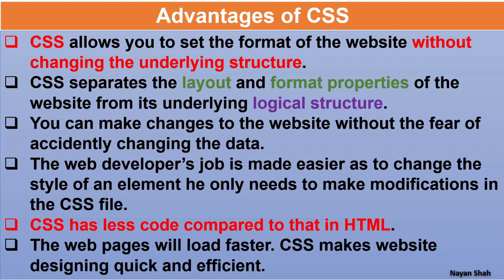You just make changes in the CSS and it will have effect on the entire website. CSS separates the layout and format properties of the website from its underlying logical structure. So it separates layout and format. So content and presentation are separated. They are now not written together.